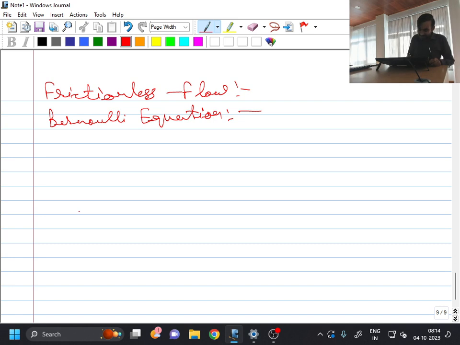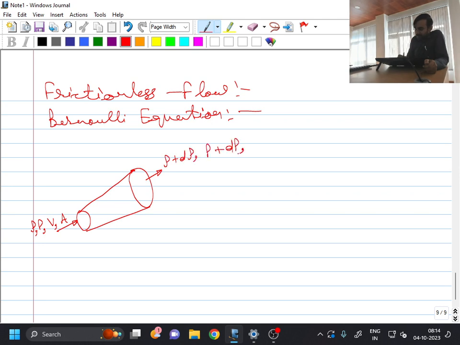Let me consider that I have a stream tube of infinitesimally small size, and at this end of the stream tube I have density as rho, pressure as P, velocity as V, and area as A. And on the other end of the stream tube, I have density as rho plus d rho, pressure as P plus dP, area as A plus dA, and velocity as V plus dV.